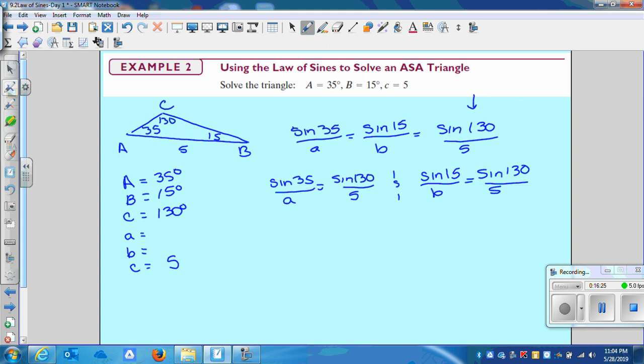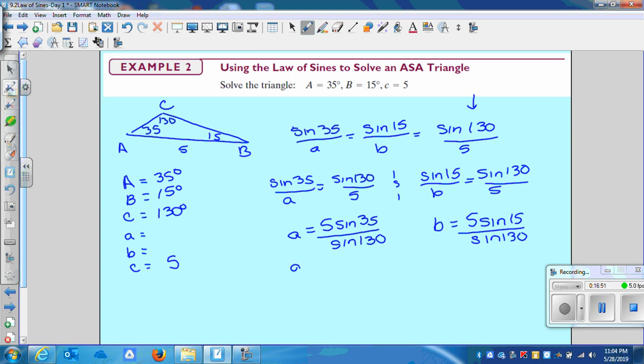I'm going to go ahead and cross multiply, and I'm going to keep this quick. 5 times the sine 35 divided by sine 130. And over on this side, I'm going to have 5 sine 15 divided by sine 130.